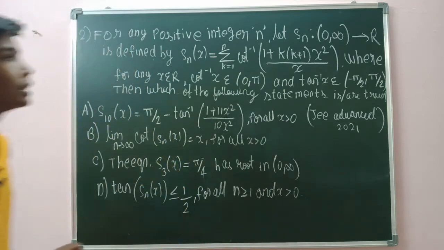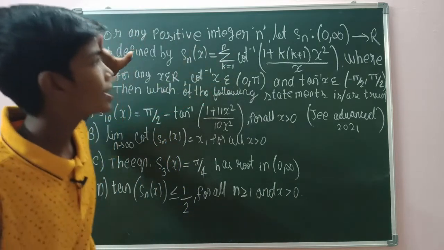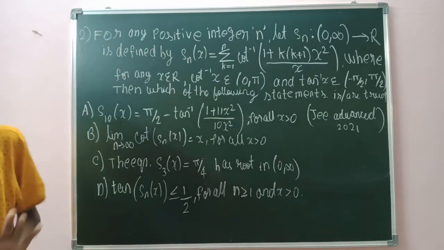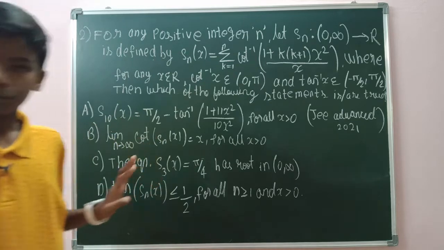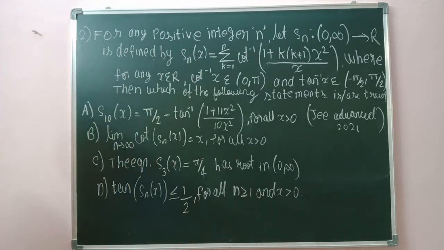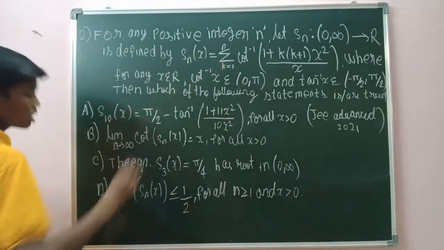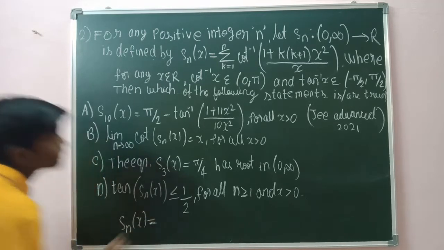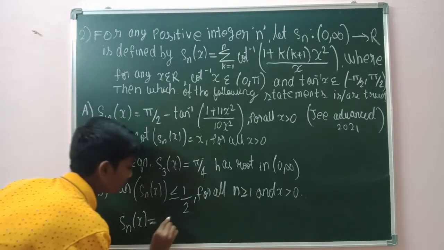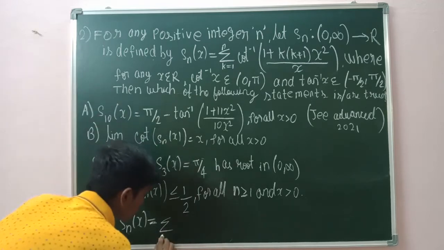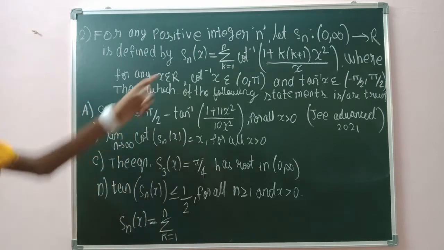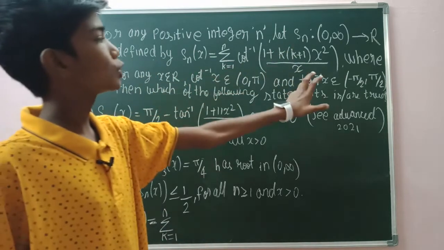Whenever a particular summation or series is given, the first thing you will do is convert it to tan inverse, and that is what I am going to do here also. So this same Sn of x can be written as the summation from k equal to 1 to n of cot inverse of (1 plus k into (k plus 1) x square) by x.